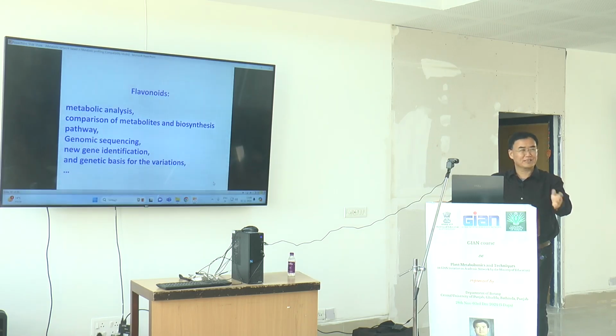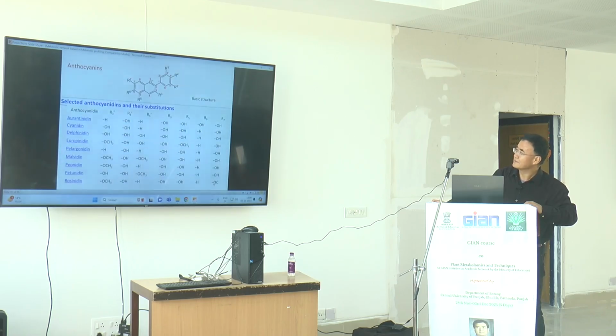We will quickly pass through the alkaloid and the carotenoid. Alkaloid, of course, is very common. This is anthocyanin. They are also much more diverse than carotenoid. Carotenoid doesn't have so many different kinds in different plants.